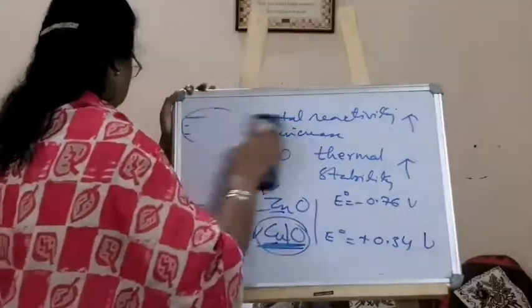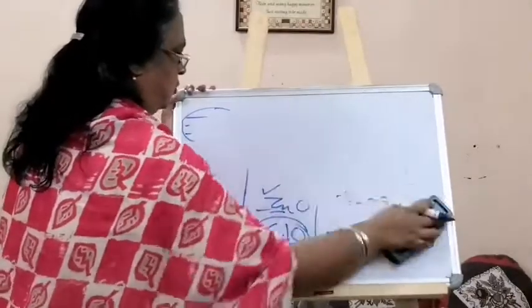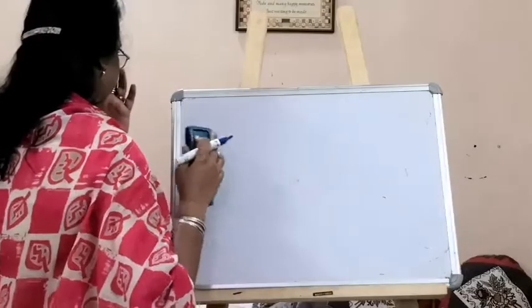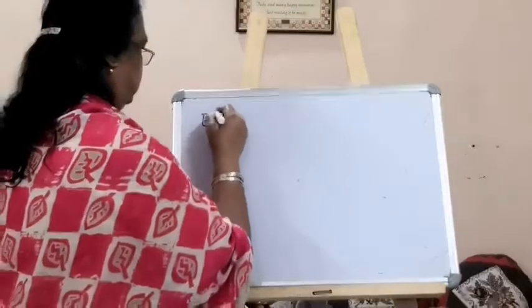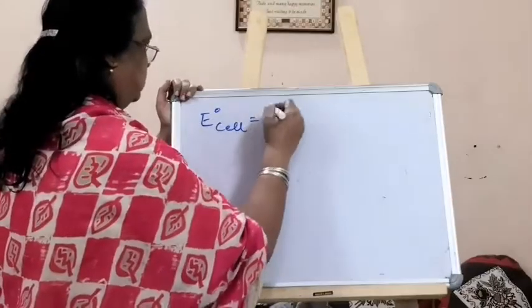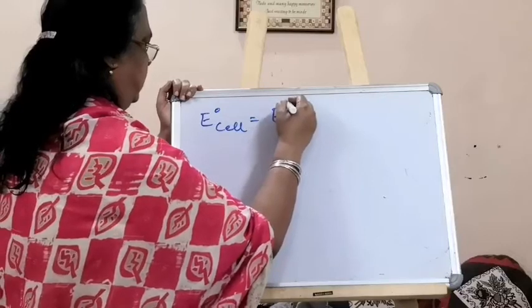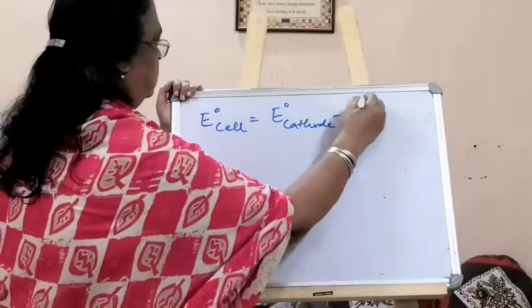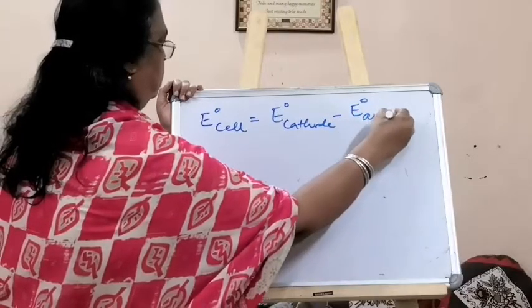Then the last point is that you can find out E0 cell. E0 cell, as you have done earlier, is E0 cathode minus E0 anode.